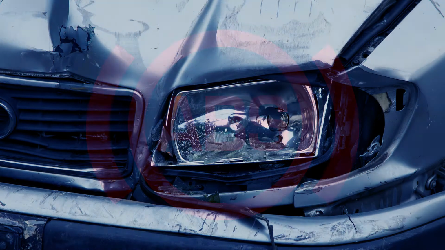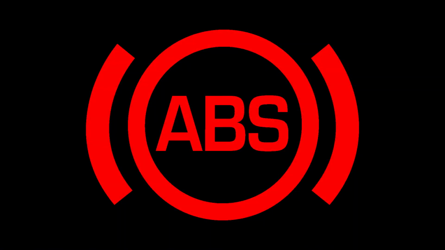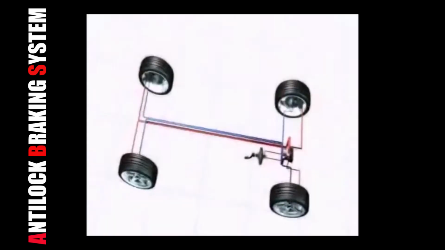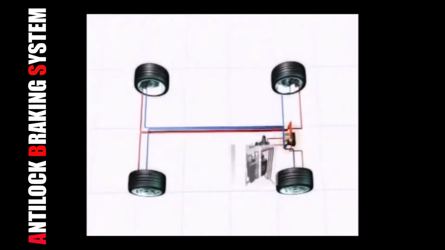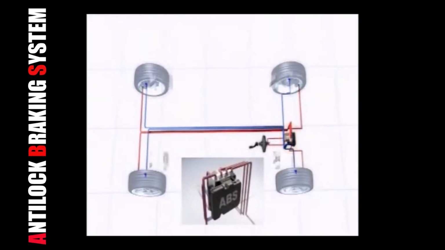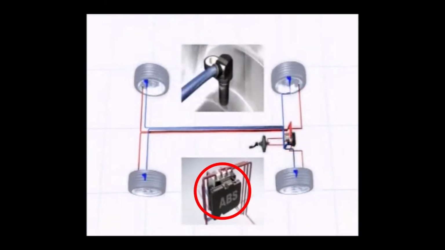Perhaps one of the most important safety features modern vehicles have is ABS, or anti-lock braking system. The system consists of a control unit and speed sensors on each one of the four wheels.